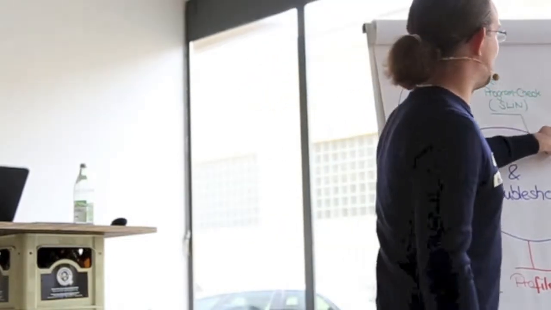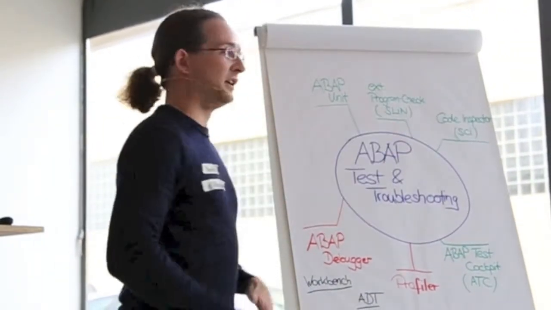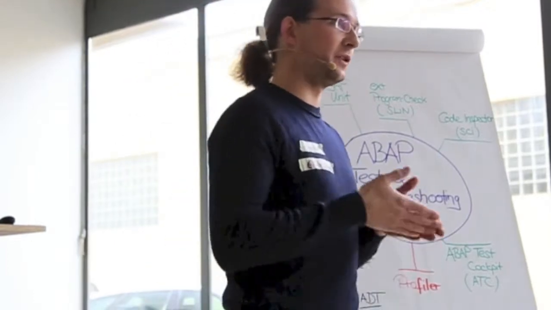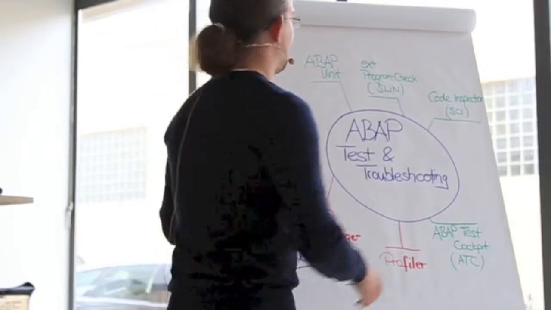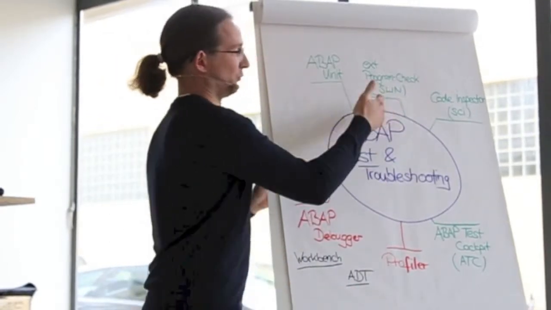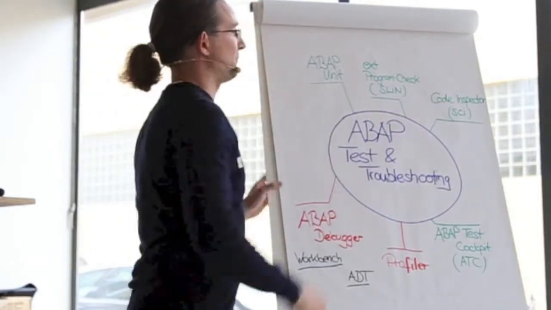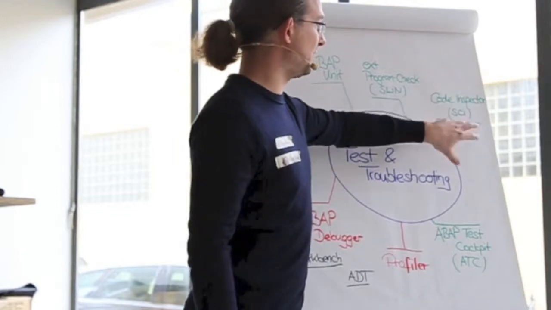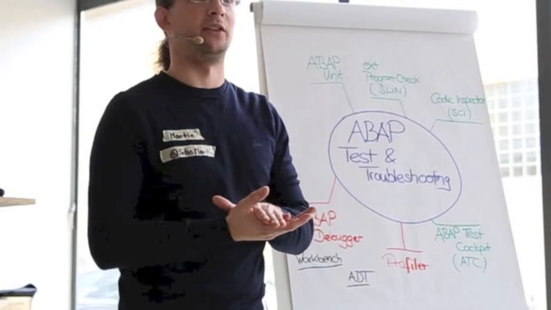The next step might be that you use the code inspector. The code inspector combines the extended program checks. In addition, more performance and deeper syntax checking is possible, and it also executes all dynamic tests. This is a static test, a static code review, and this is a dynamic test. The best way is to integrate the code inspector with your transport system and the AS ABAP.